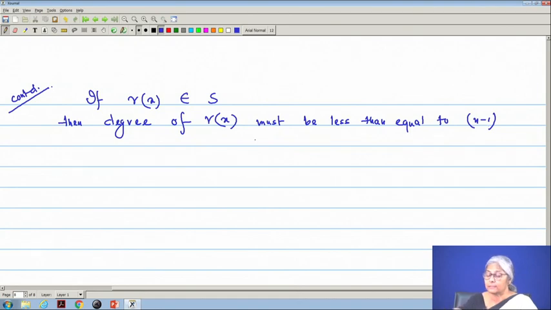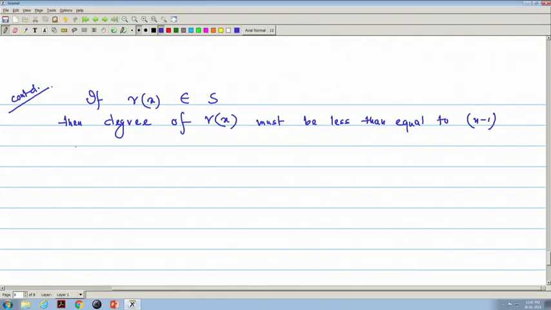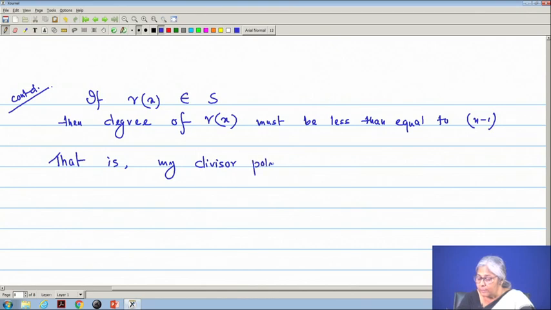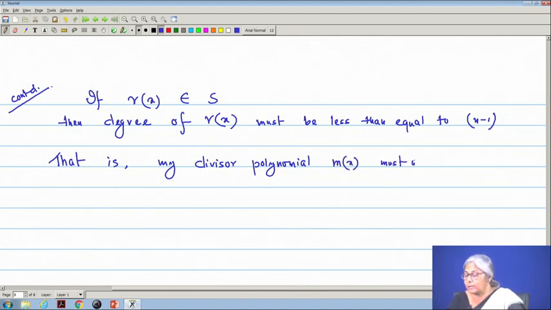So, when can I get polynomials as the remainder whose degree will be less than or equal to n minus 1? When my divisor polynomial is of degree n. That means that m(x) must be of degree n.